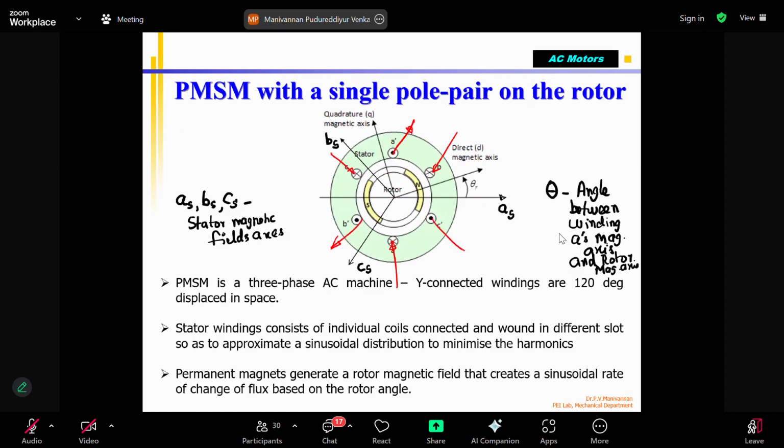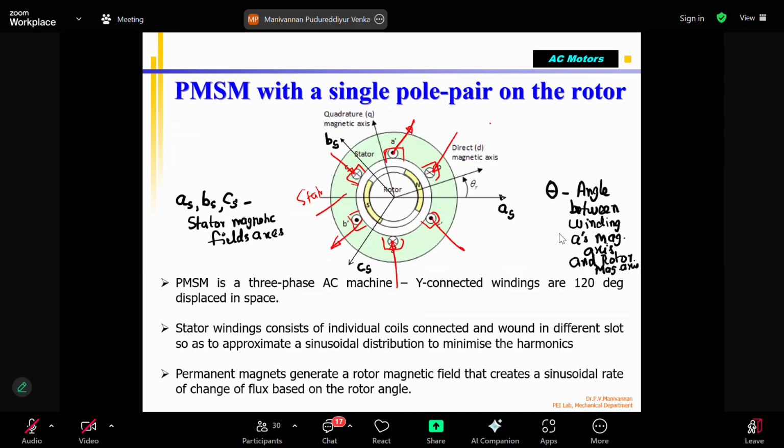Of course, the coils are wound inside the stator. You have slots in the stator core, and inside the slots 3 sets of wires are wound. We call these the stator windings.